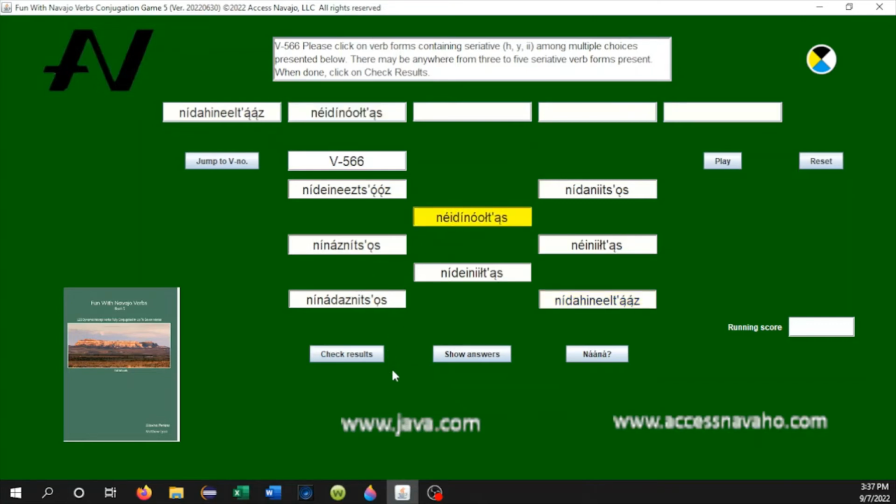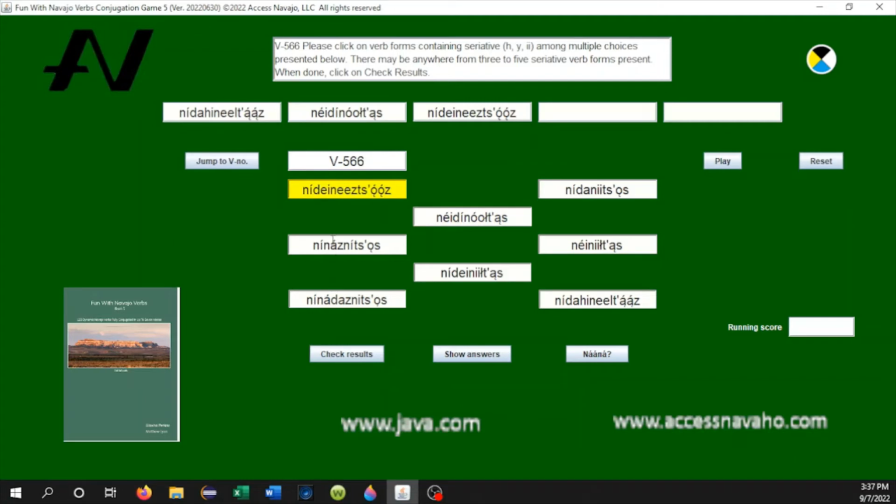Now, if you want to understand why the seriative forms disappear, you can look it up in false, or there's also a chapter in book 5 that explains this. So, even if you don't have the book, you might want to get it just to learn some of these unique traits here. All right, and let's see, we need at least 3 forms here for this to work right.